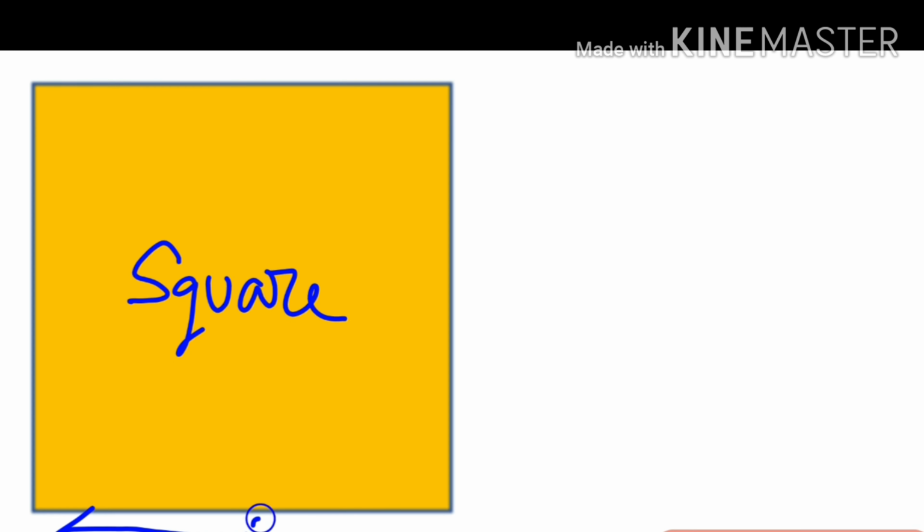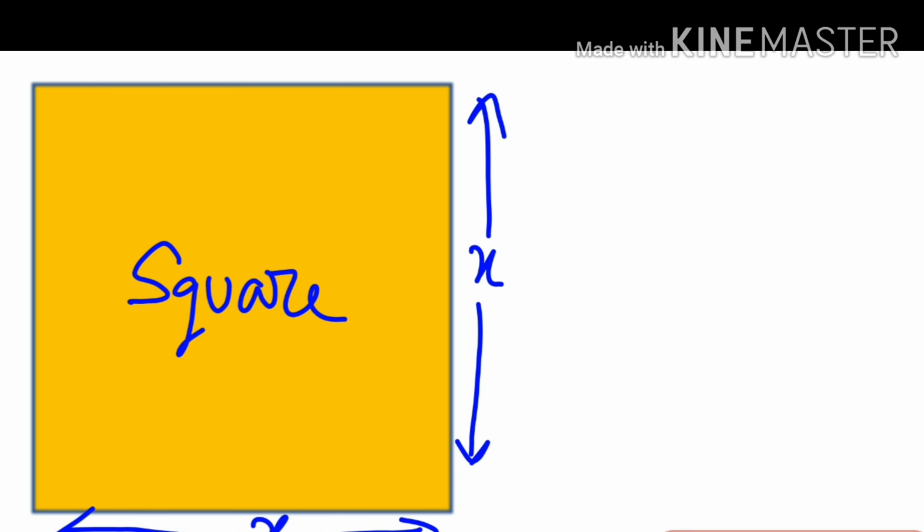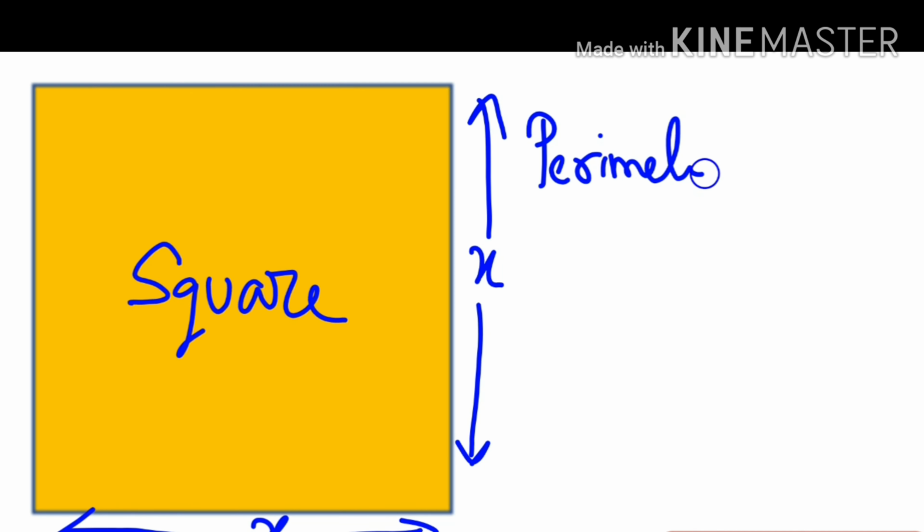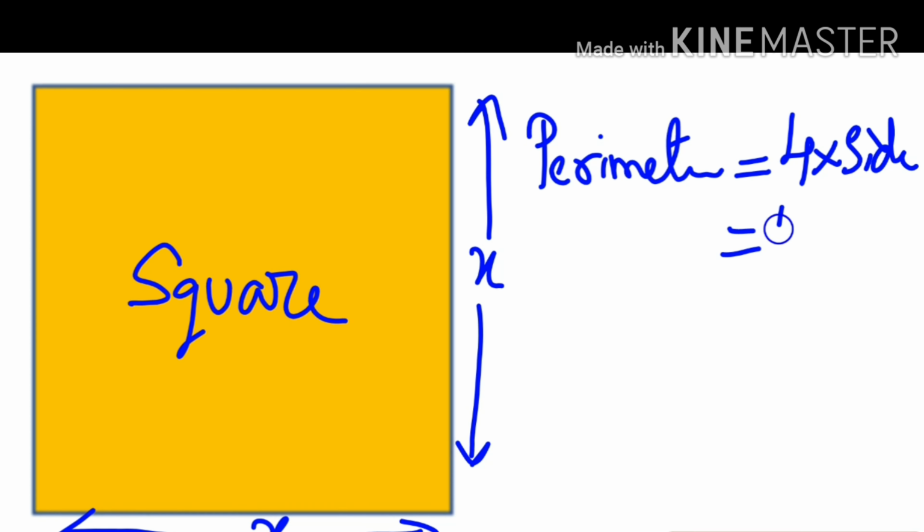Just consider this. This is a square. For a square, we know that both sides are equal, so let the side be x. The perimeter of a square is equal to 4 into side, that is 4 into x.